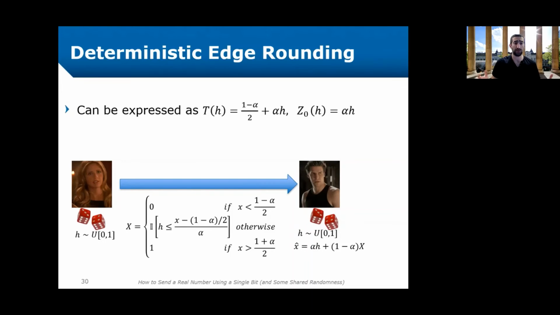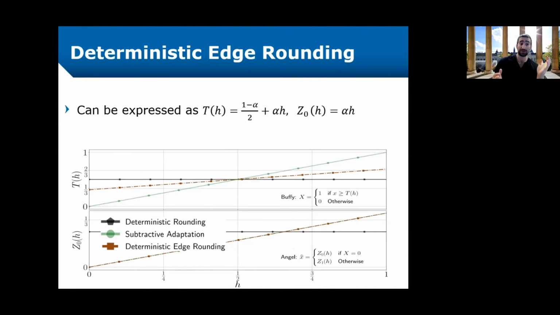Once again, we can express this algorithm as a threshold function and a Z0 function, and this is what it looks like. The estimate function is exactly the same, so the Z0 function is the same, but the threshold now doesn't start from 0 and go all the way to 1. It's bounded in a smaller range.